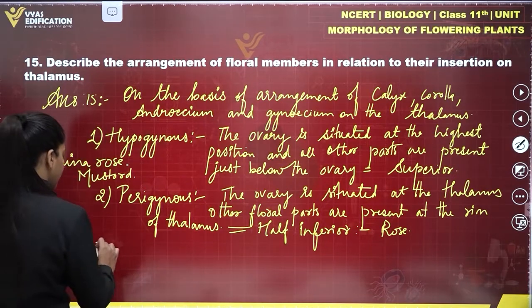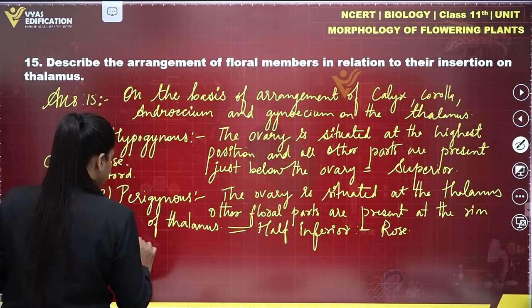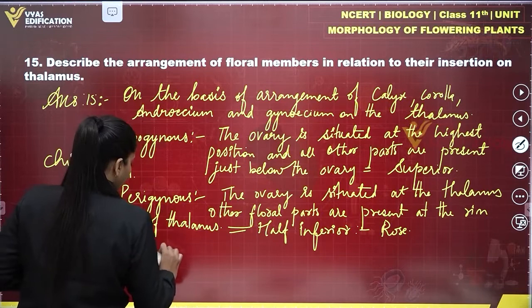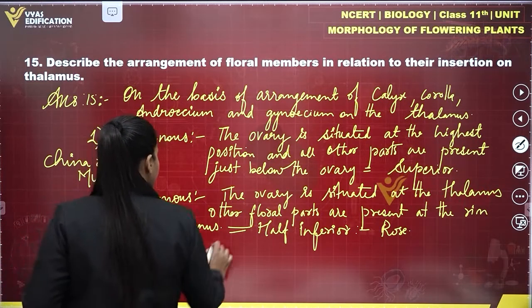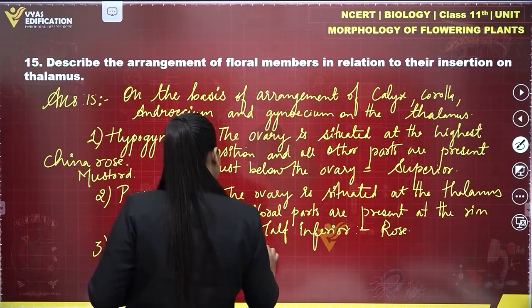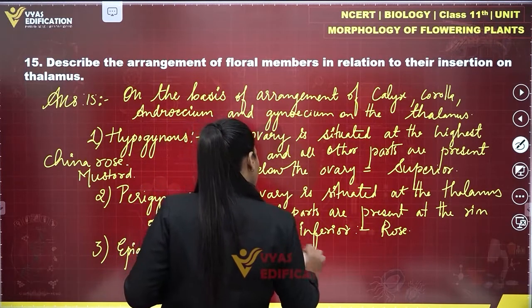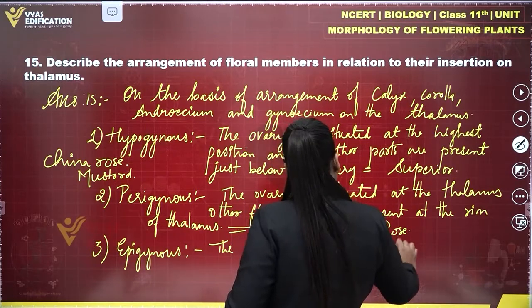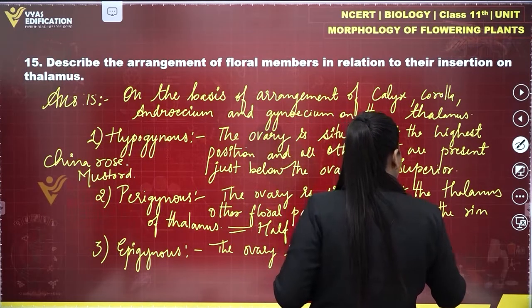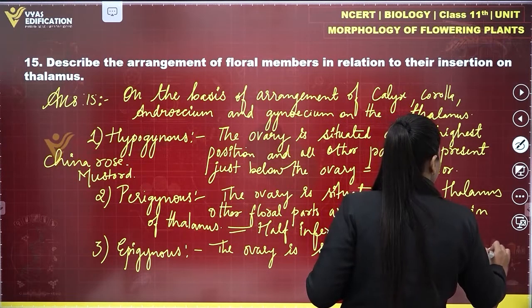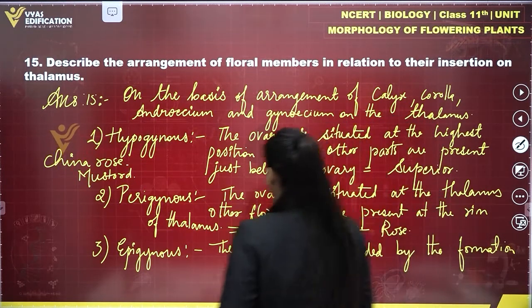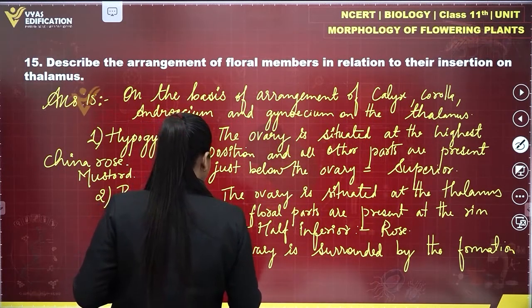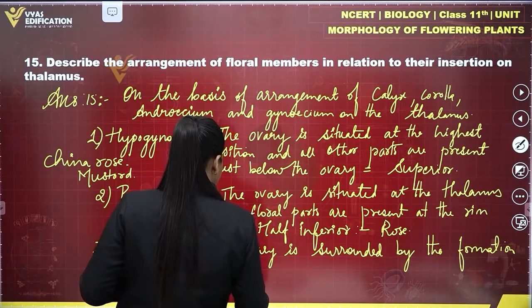Then the last one we have is epigynous. Now in this, the ovary is surrounded by the formation of thalamus.